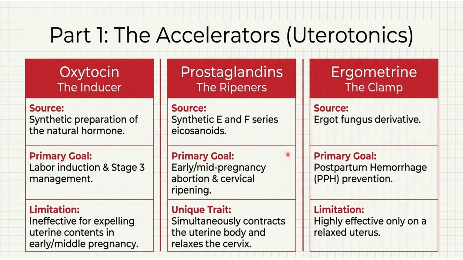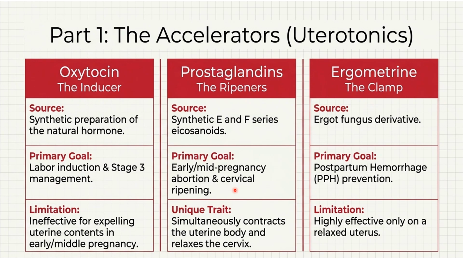Primary objective is early and mid-pregnancy abortion if there is an intrauterine fetal death in early or mid-pregnancy. It can help the abortion by the use of prostaglandin analogs, and in late pregnancy it can lead to cervical ripening, meaning opening, starting dilatation of the cervix.